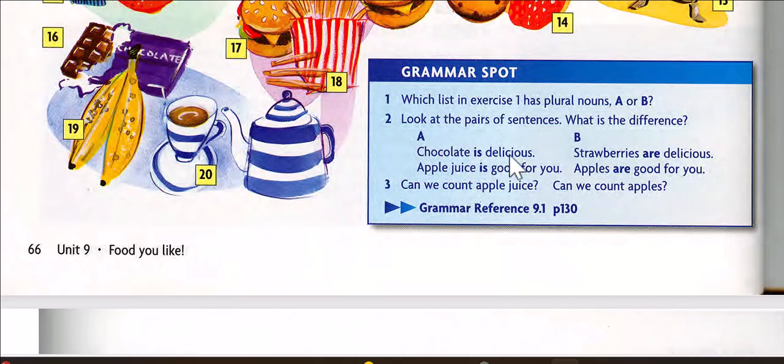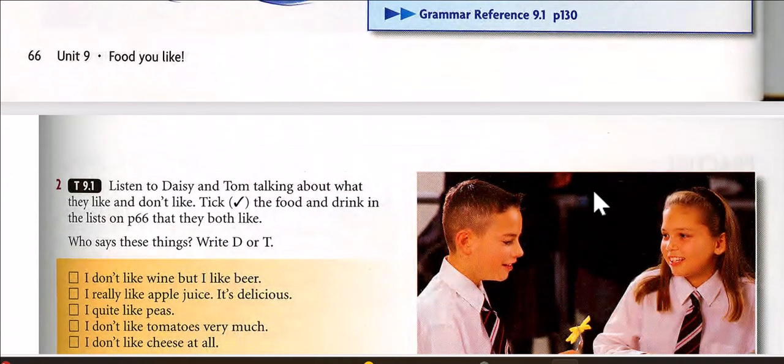Chocolate is delicious. When you see strawberries, plural, so we use the plural form. Strawberries are delicious. And apples are good for you. Can we count apple juice? No, it's not possible. Can we count apples? Yes, it's possible. That is the difference between count and uncount.